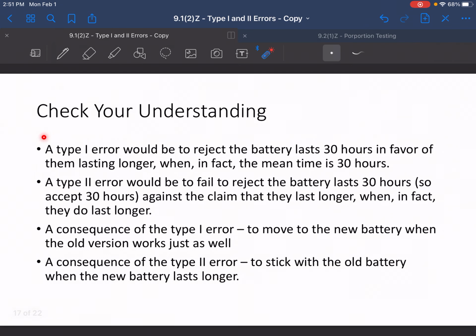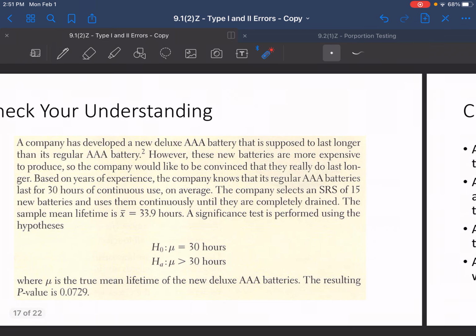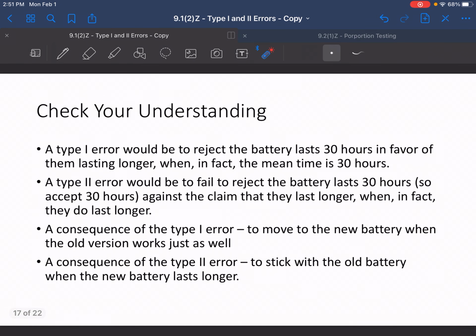So a type 1 error in this case would be to reject that the battery lasts 30 hours in favor of them lasting longer, when in fact the mean time was actually 30 hours. Again, that's accepting the fact that the null hypothesis is actually true, but rejecting that true null hypothesis.